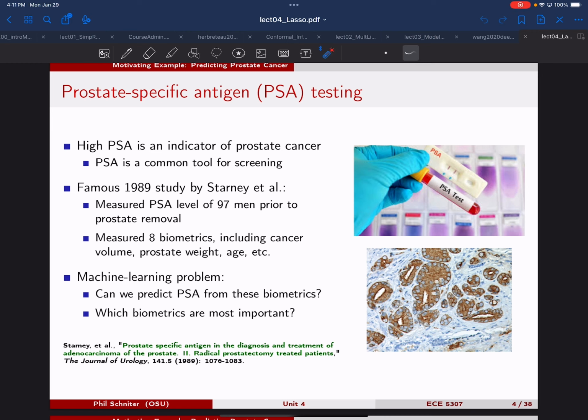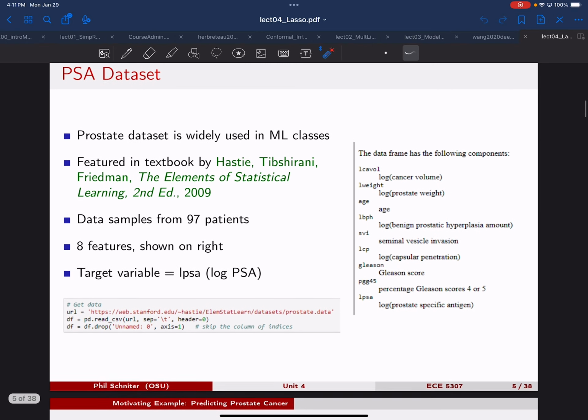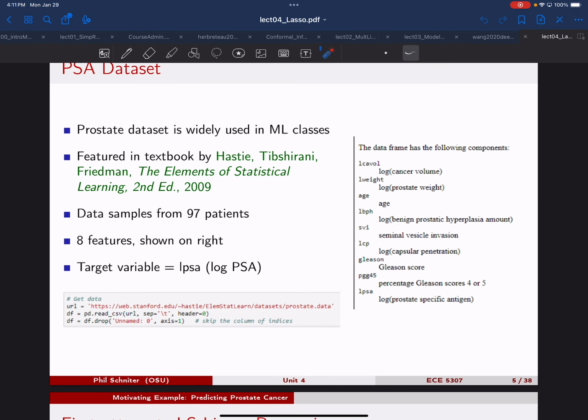And so there's this data set, which comes from a study where they measured the PSA level of 97 men prior to getting their prostates removed, and they measured all these different biometrics at the same time. And then this gives us a data set where we can try to predict the PSA from the biometrics. So again, there's 97 patients.